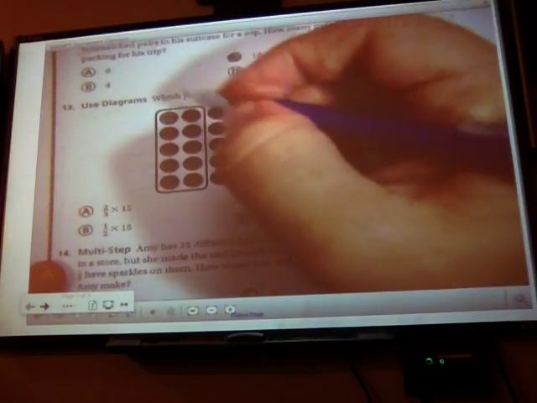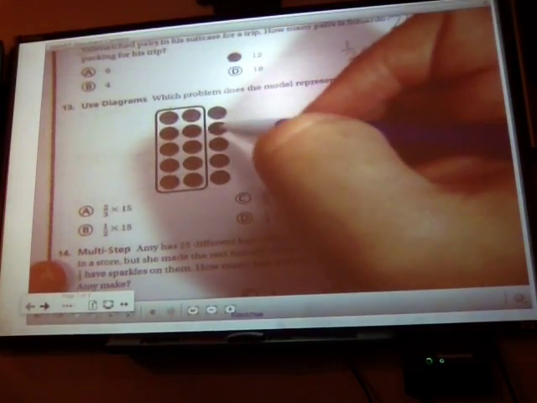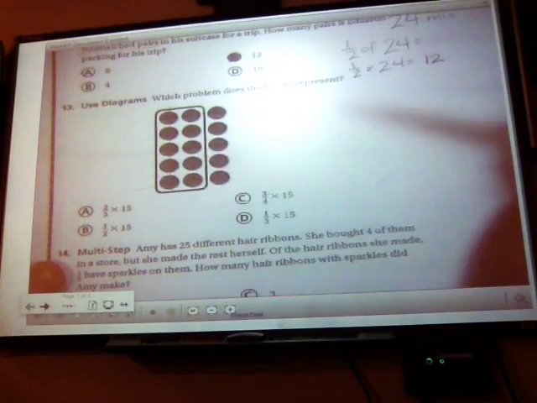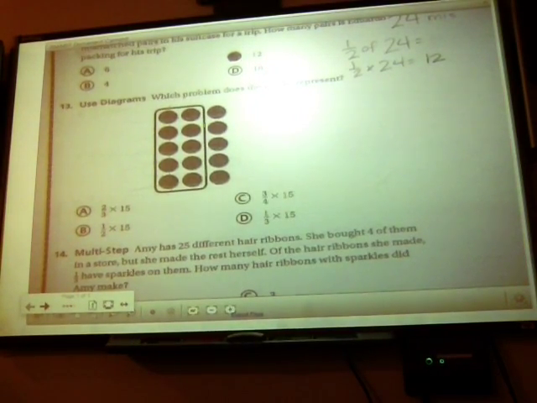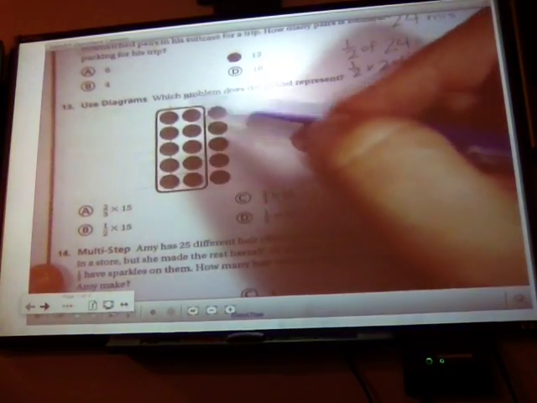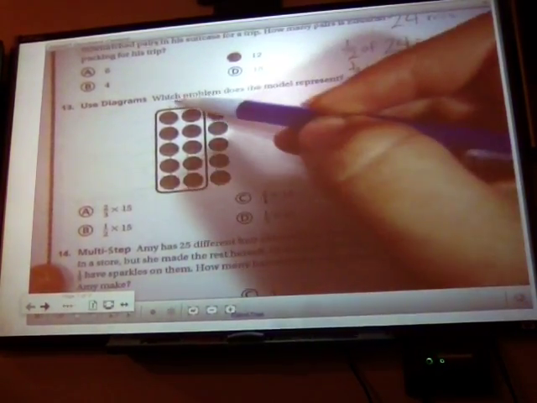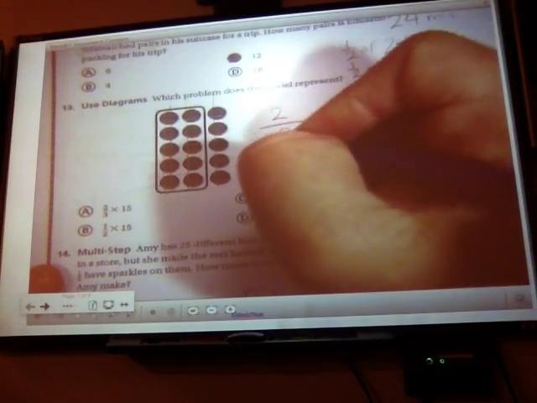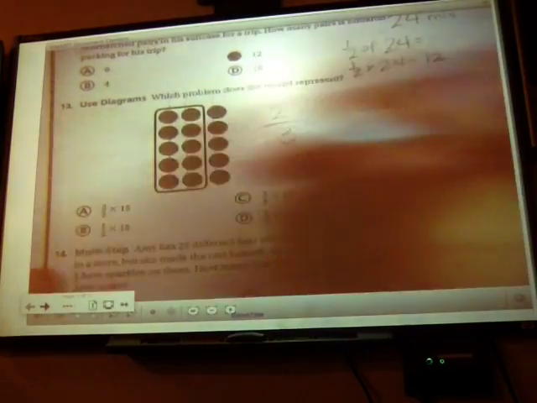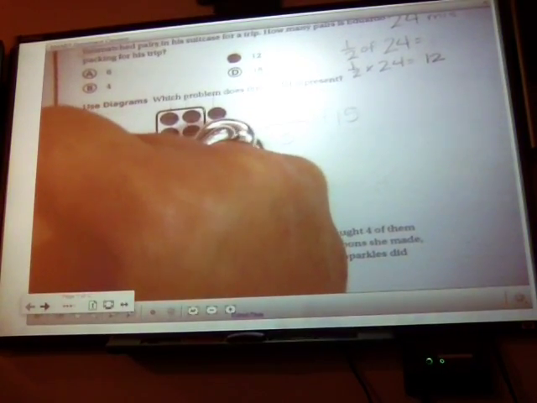So how many do I have, first of all? 1, 2, 3, 4, 5, 6, 7, 8, 9, 10, 11, 12, 13, 14, 15. So if I've got 15, how many groups do I have here, guys? 2. 2 out of what? 3. 2 out of 3 of 15. So what is my answer? A.